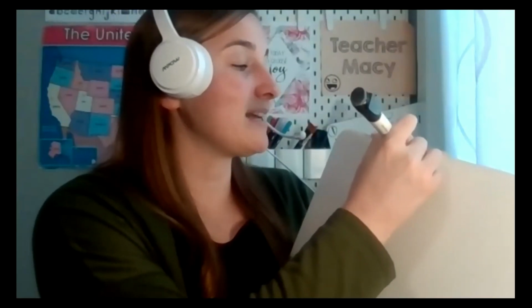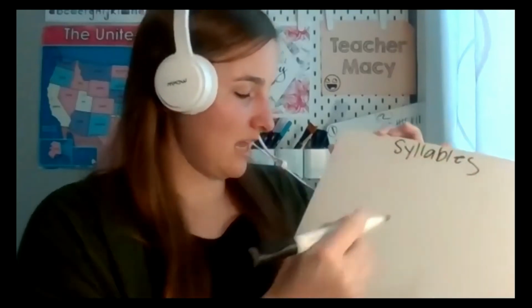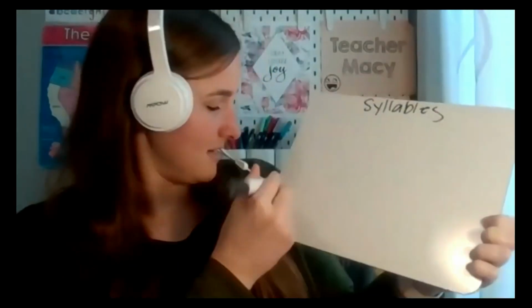Okay, so together we are going to make a line plot of syllables in our name. So I am going to make my title of my graph first. I have my data. Now I'm making my title. I'm going to draw my line.